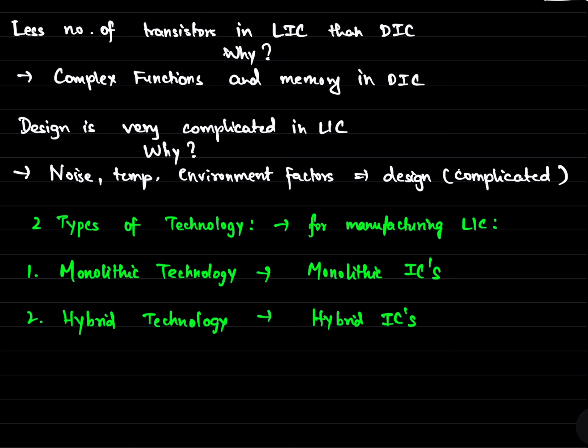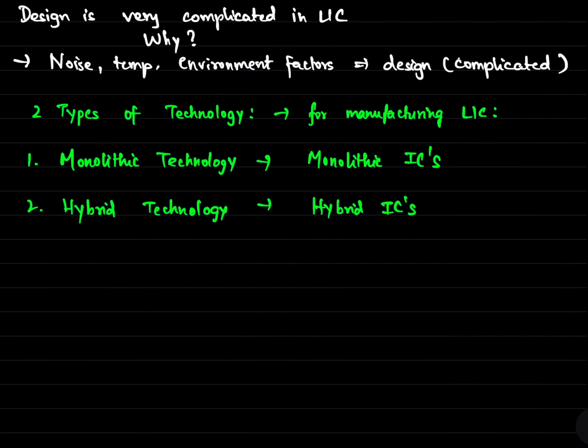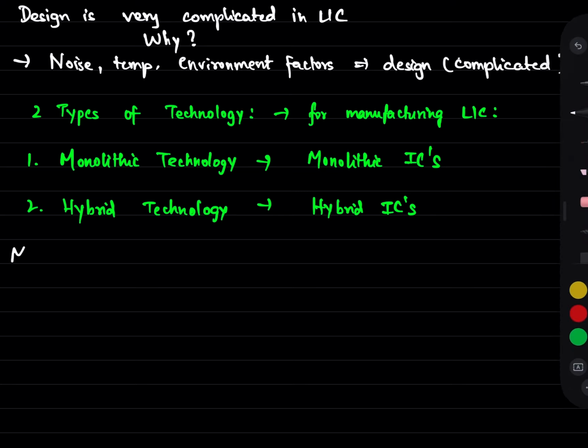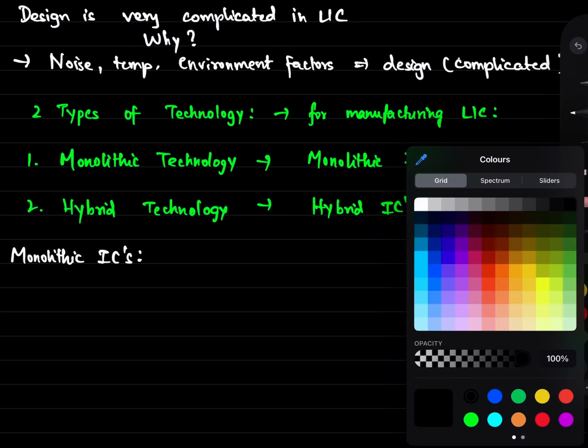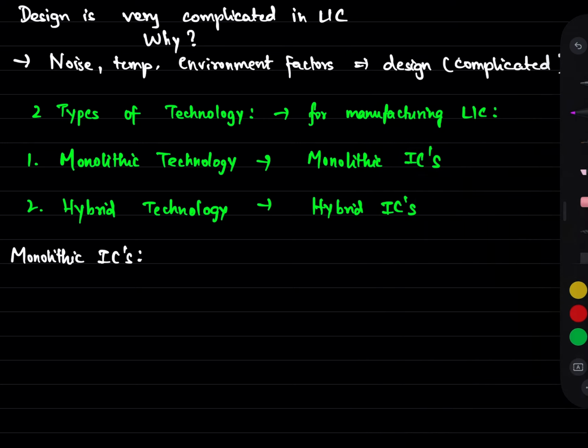So let's talk about monolithic ICs. In monolithic ICs, the active components, the passive components, and the interconnections between the different components are done on the same silicon chip.